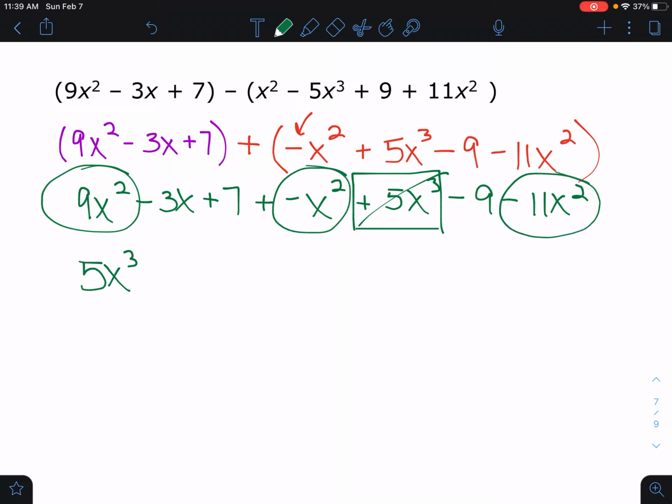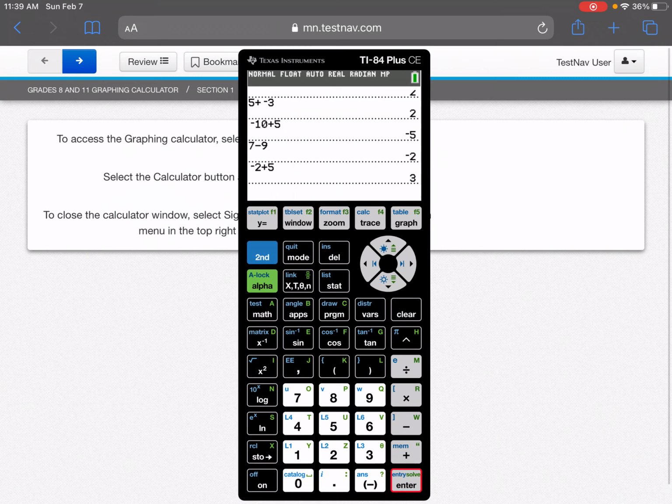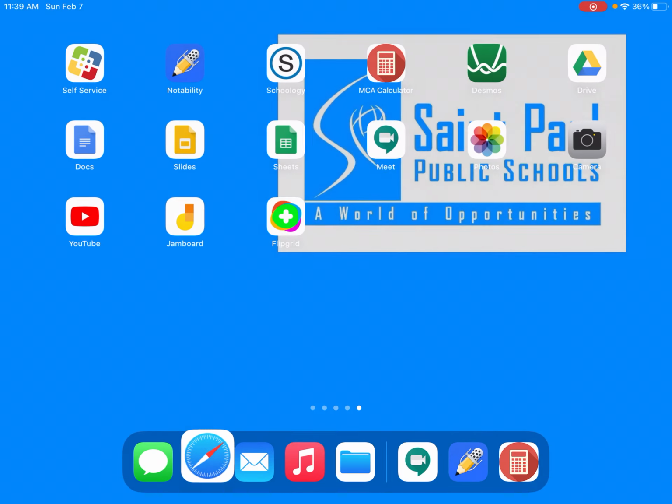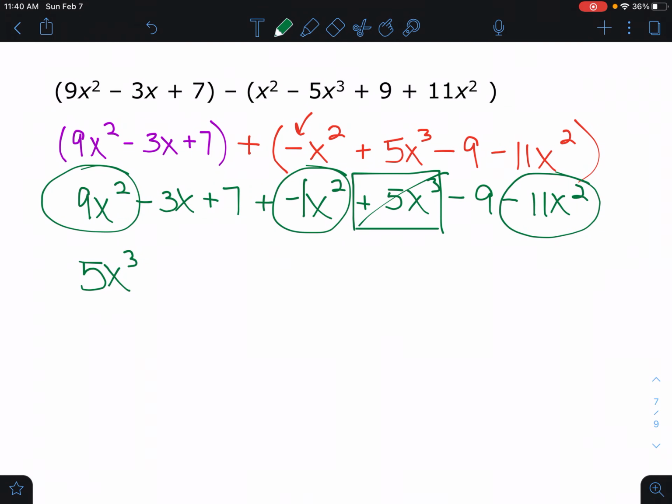Remember this is really a negative 1. If you want to put that in there, you can. It's a hidden 1. So you have 9 minus 1 minus 11. 9 minus 1 minus 11 is negative 3. Okay, so this would be negative 3x squared.